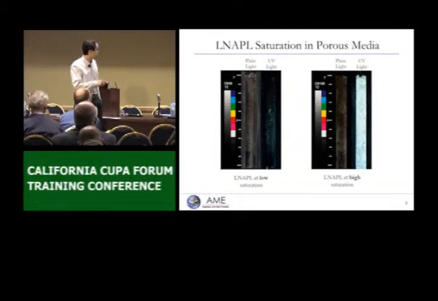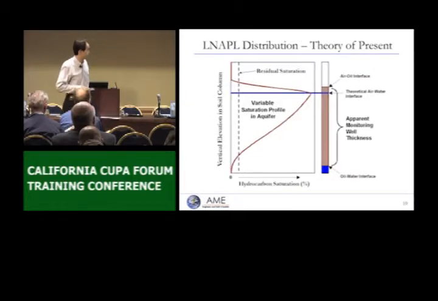But anyway, after all these years of study, we have come to the knowledge that the actual saturation distribution for the soil column in equilibrium with the product thickness in the monitoring well should look like this, which says your maximum saturation is around the air-oil interface. And there's something going up to the air.